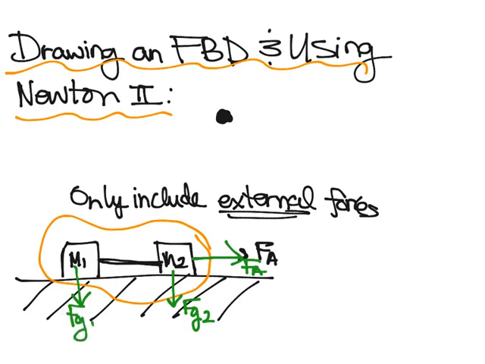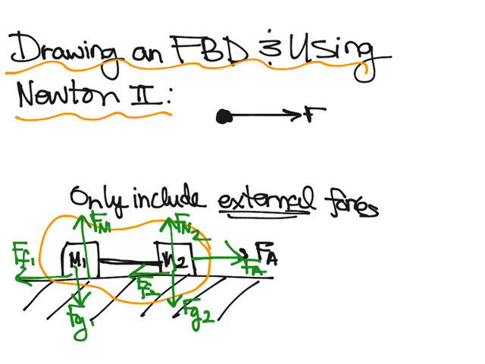Gravity is pulling down on both blocks. Friction is also affecting both blocks, so I have FF1 and FF2, and then both of them are experiencing a normal force, so FN1 and FN2. This may seem kind of weird, but we're going to put all of these forces onto one dot. So I have FA to the right.